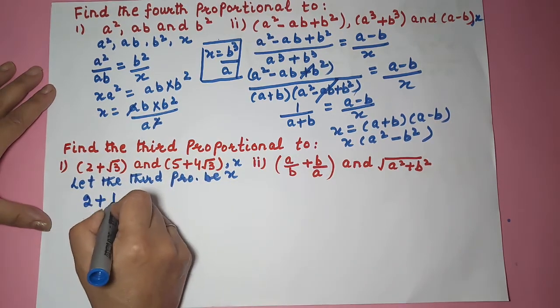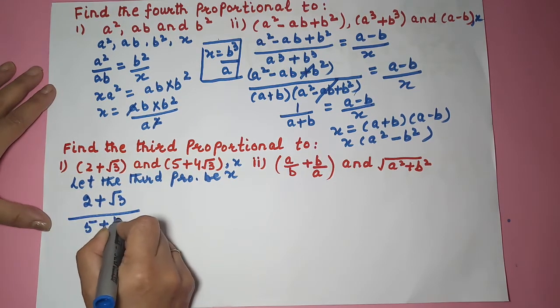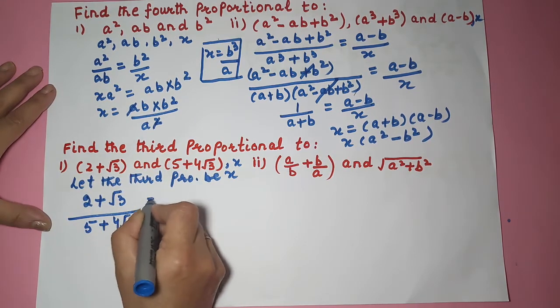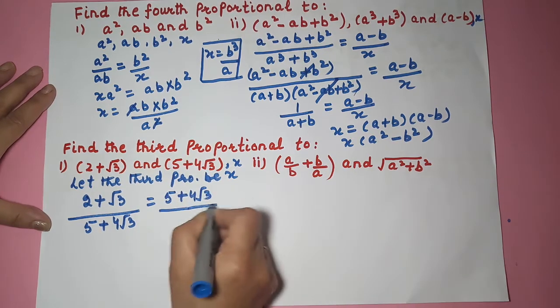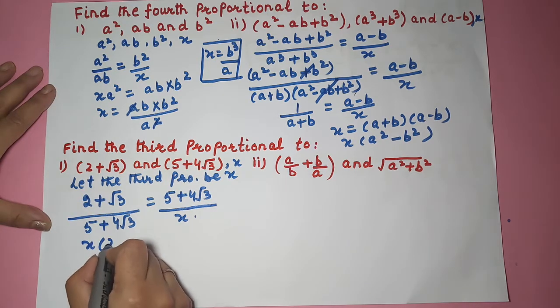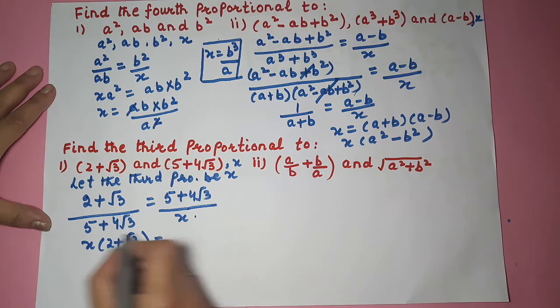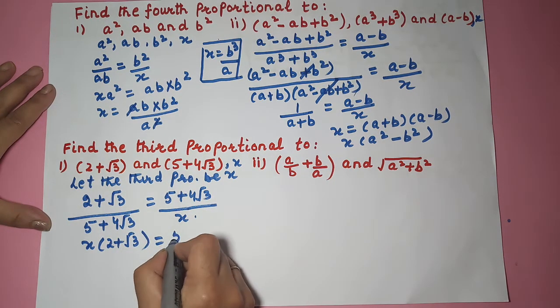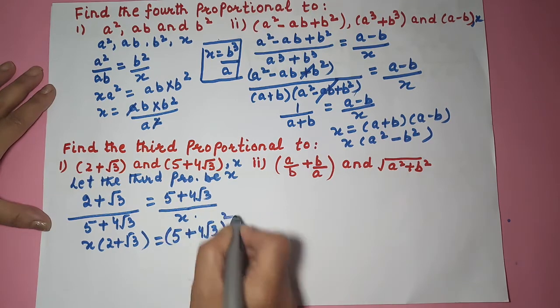So we get 2 plus root 3 upon 5 plus 4 root 3 is equal to 5 plus 4 root 3 divided by x, right? Cross multiply. X into 2 plus root 3 is equal to 5 plus 4 root 3 whole square. Okay.